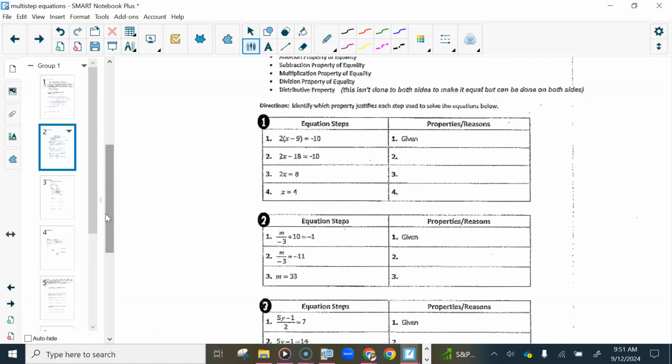So from step 1 to step 2, what did they do? Multiplied, not the 9, but the 2 to everything. And that would be our distributive property, where we take whatever is on the outside and we multiply it to everything on the inside.